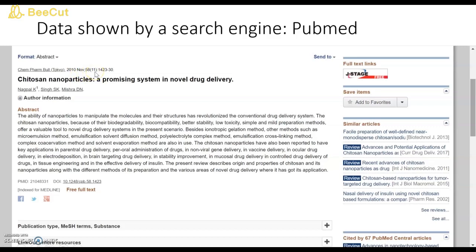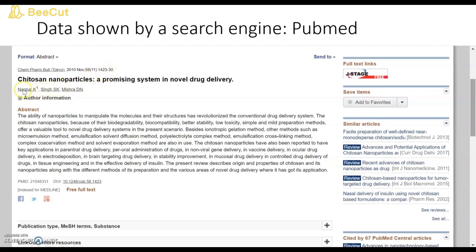In this journal, it got published on pages 1423 to 1430. So this is the information about the title of the work, in which journal it got published, when, in which issue, and which page numbers to refer to.